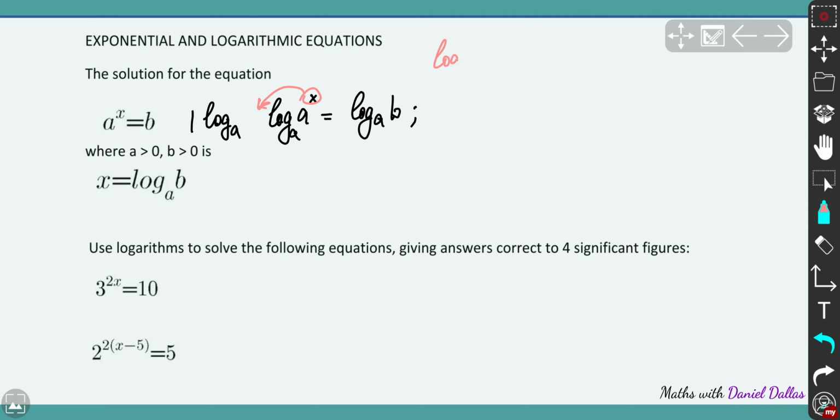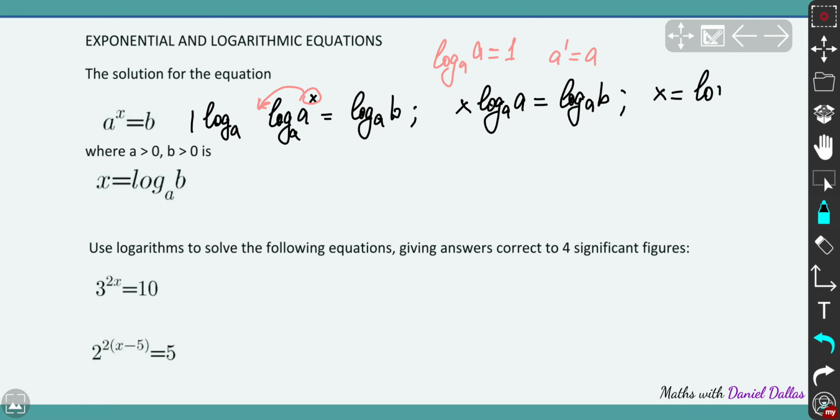And you know that log a of a is equal to 1, because a to the power of 1 gives you the number inside. So x times log a of a equals log a of b. That gives me x equals log a of b, and that's the solution.